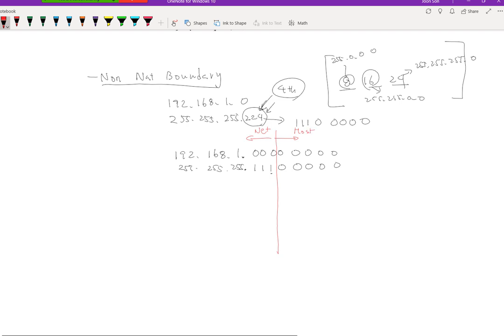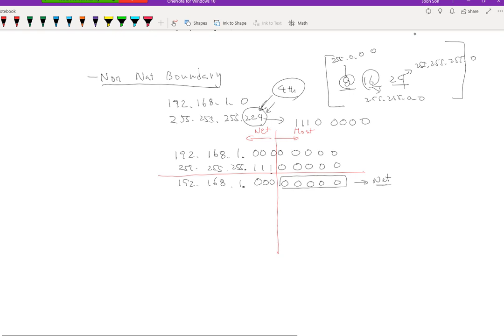And now, let's just create the IP table. So for the network address, the network portion is the same. So 192.168.1 dot, and then 00000000. Okay, so I know that this is my network address, because everything is 0 in the host portion.